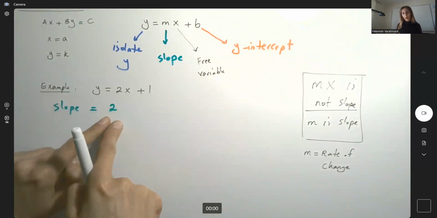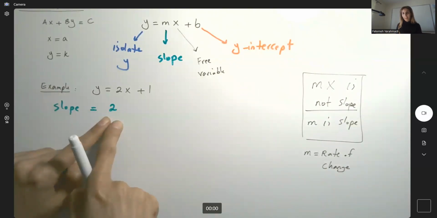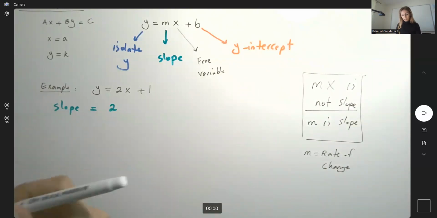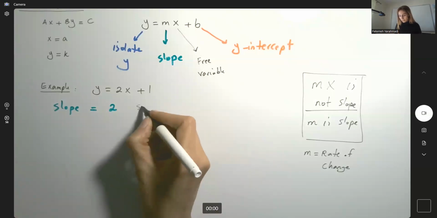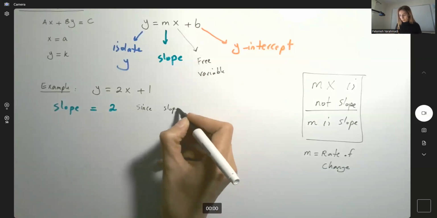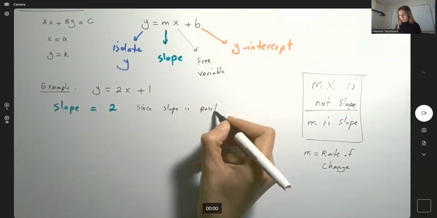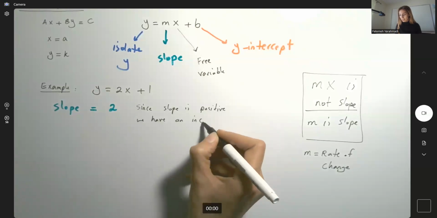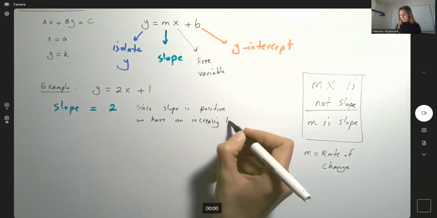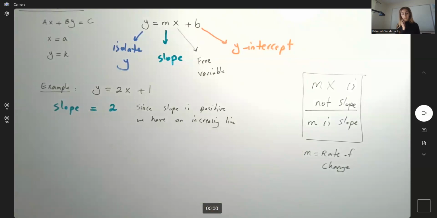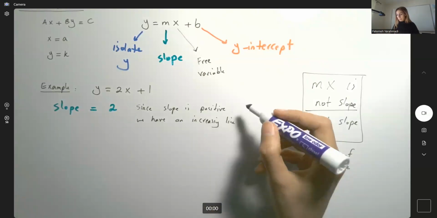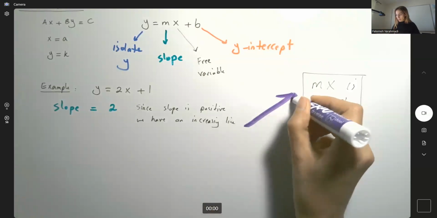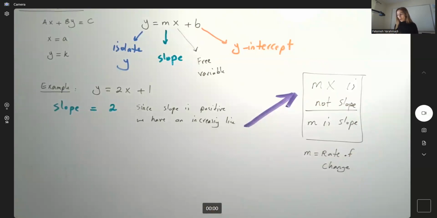Since the slope is positive, we expect to have an increasing line. It means that we expect the graph of the line to behave like this. Let me grab a different color. The graph goes up this way, uphill or increasing.